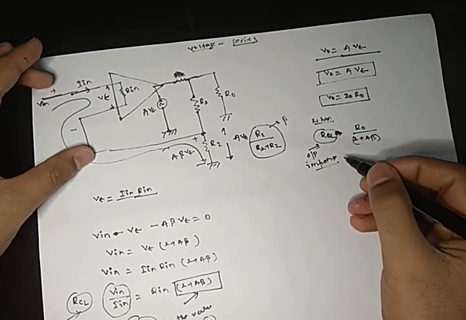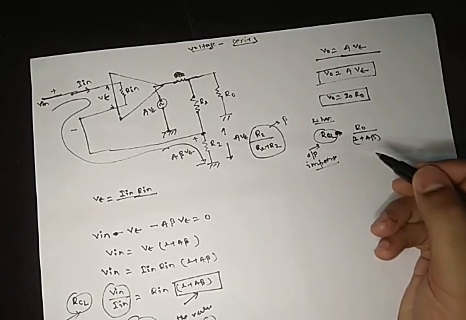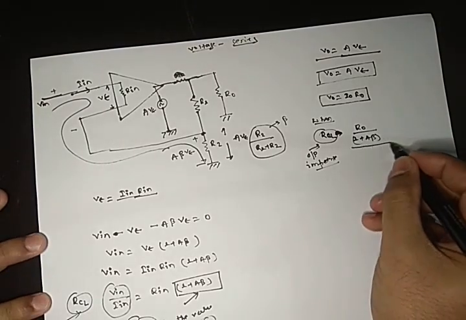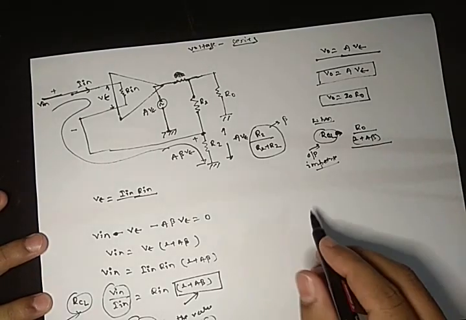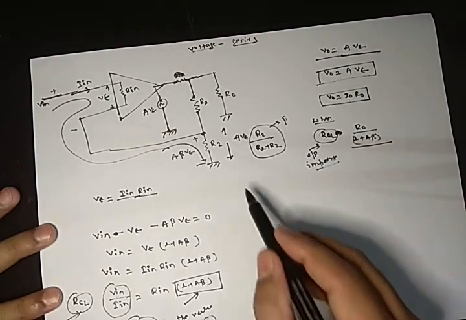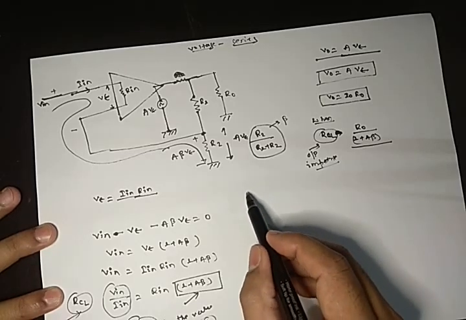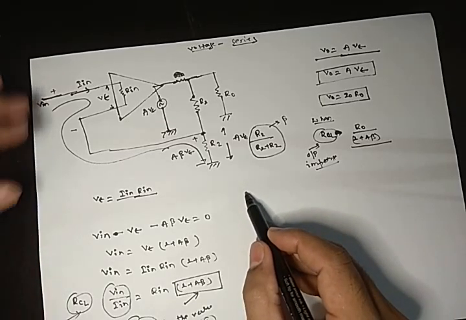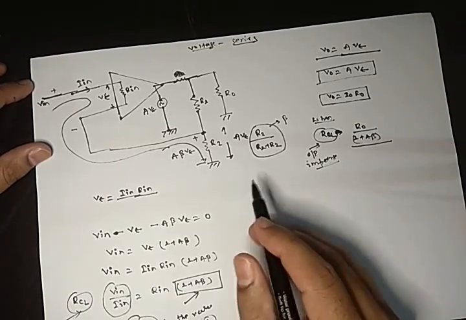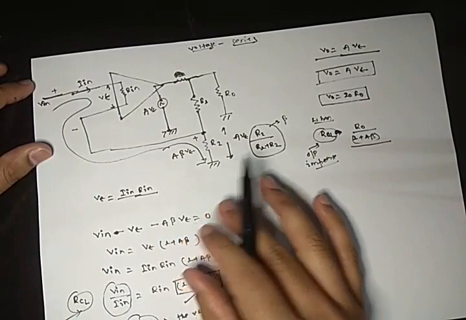Closed loop output impedance is getting reduced to R0 by 1 plus A beta. Now we are not going to make all this calculation in each type of feedback. So we will make a small assumption and we will try to figure out how to check whether it is increasing or decreasing.